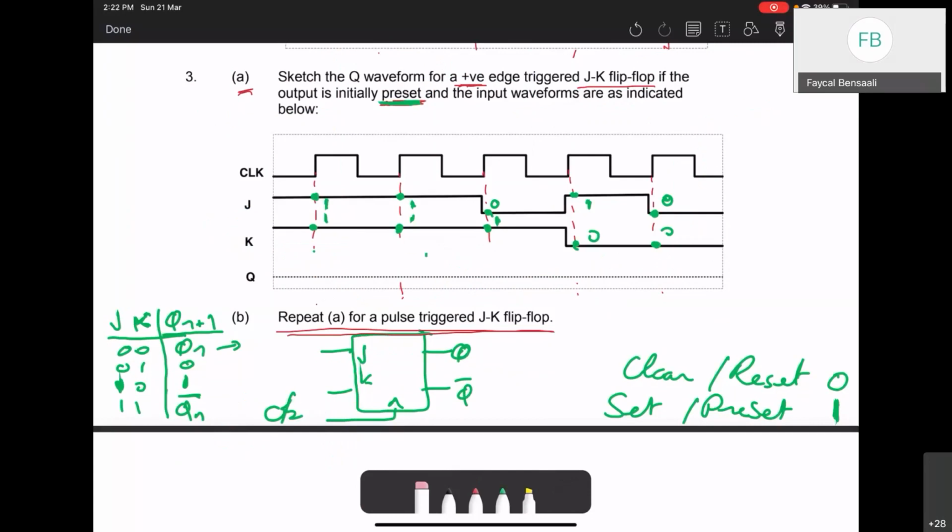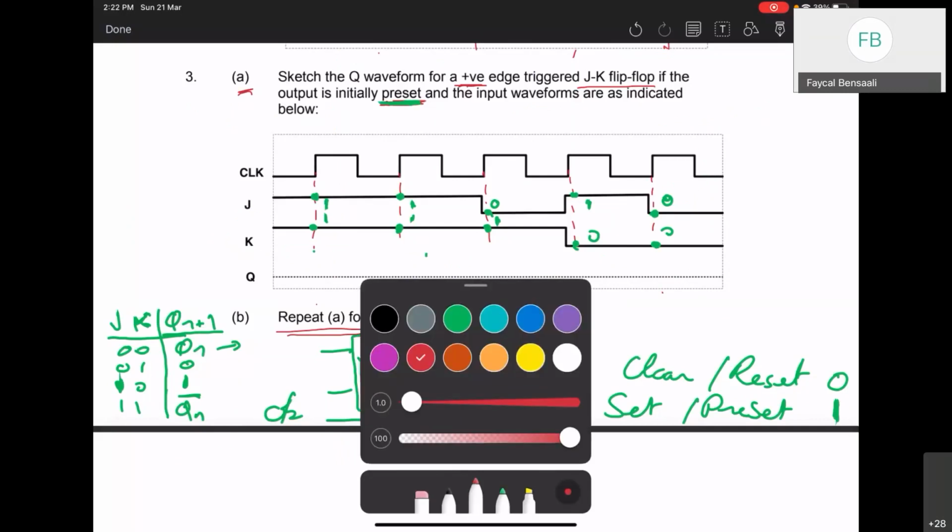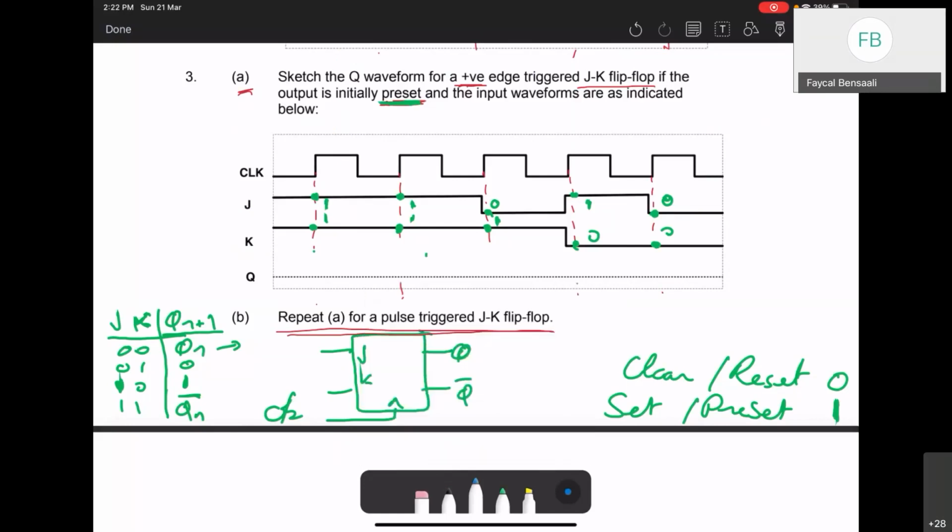It means we consider both edges, the falling edge and the rising edge. So we read the values of J and K on the rising edges, but we don't update the Q until the next falling edge.